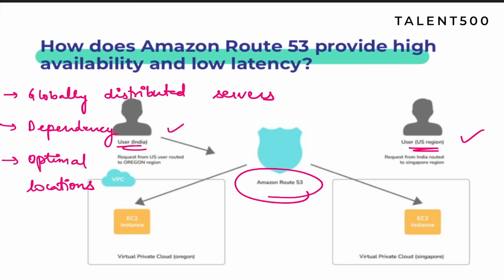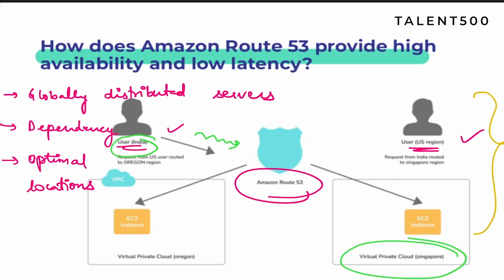Also, what we can actually see in this particular image is that if you look at this request, the request is coming from India. And if you see where the other one is located, this private cloud is located in Singapore. So when you talk about this Amazon Route 53, what is happening?